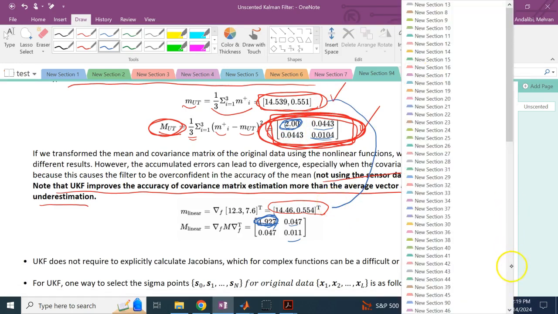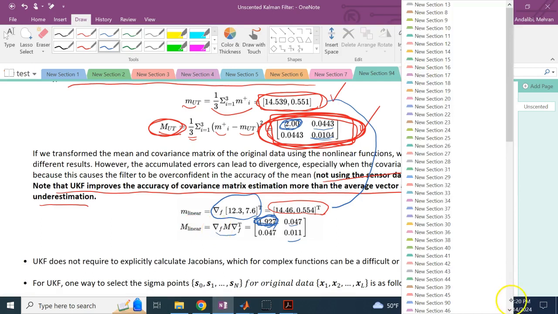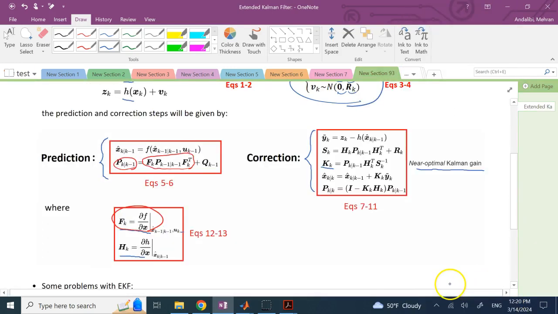look back at your EKF, it does not use this kind of linear transformation for the average. It does use the linear transformation for the similarity transformation for sigma, but not for the average. Let's go back and look. Here, you see, the new x is not A times the old x plus B times u.